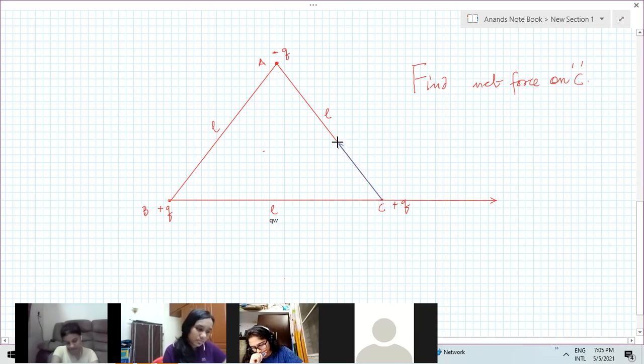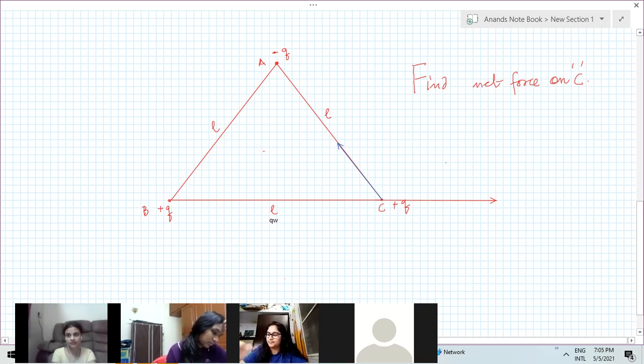So I got the magnitude as root 3 K Q square by L square. Yes, sir, that's right. So what is the angle between these two forces? 120. Understood? Anna?